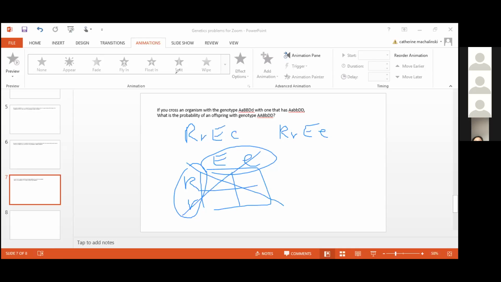And that's wrong. You need a separate square for each letter, okay? And notice that the gametes are haploid. They only have one letter. Now, which one? Well, you got a 50-50 chance as to big R or little r in this case. Okay, does that make sense?